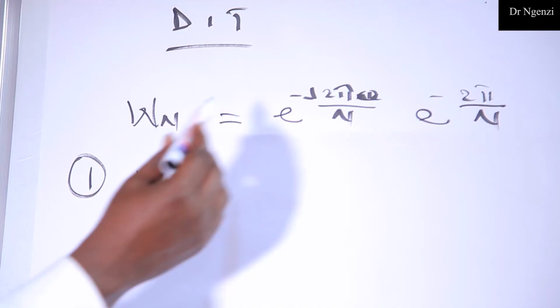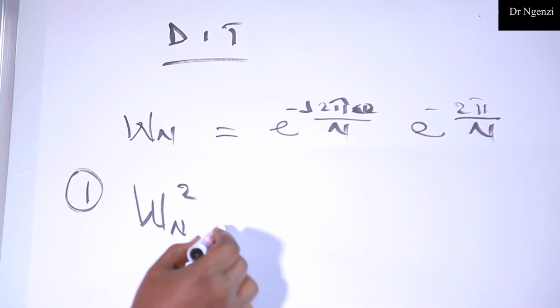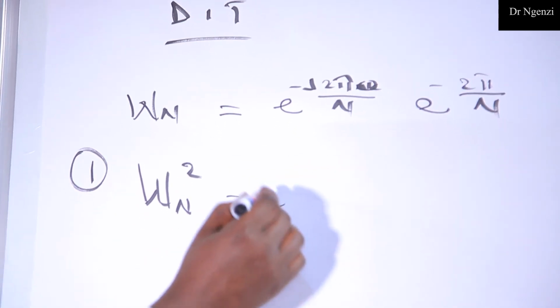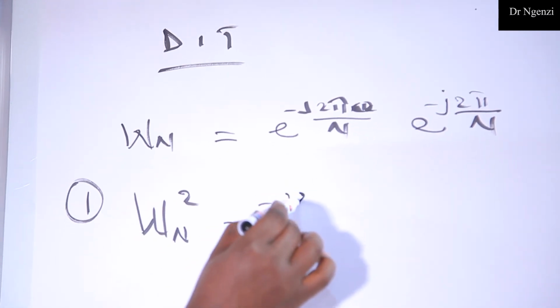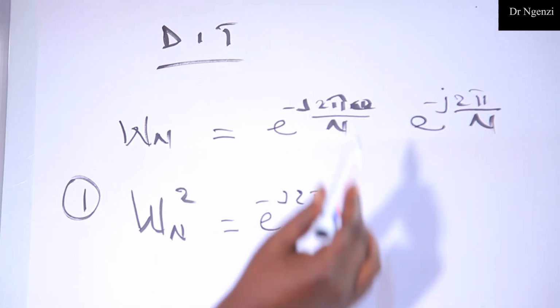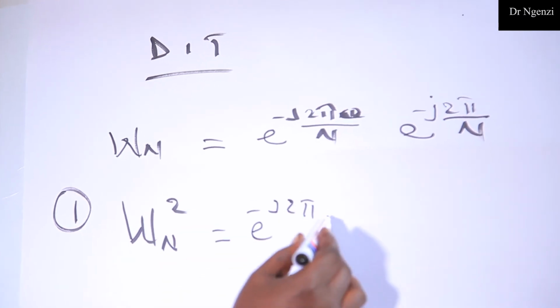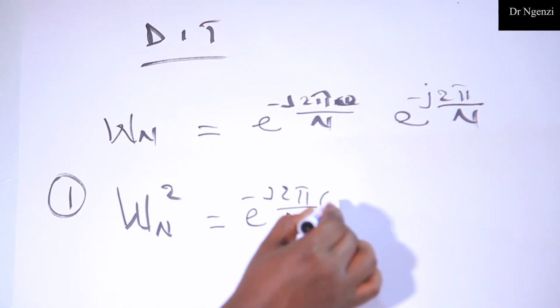It is going to be a continuation of the other side. It is e to the power j2 pi times 2 over N. Of course, we bring this one over N into 2.